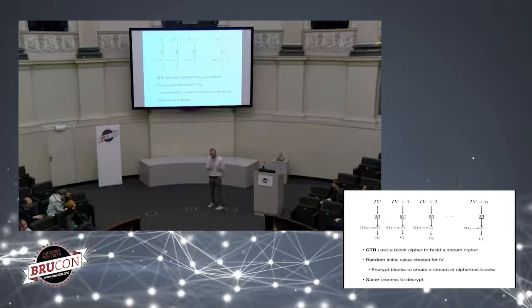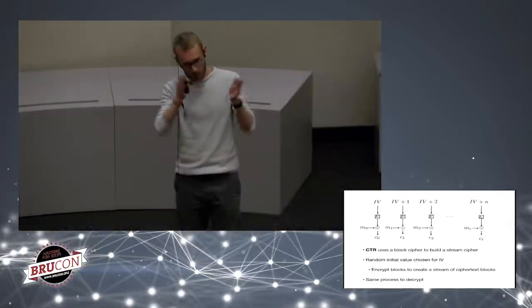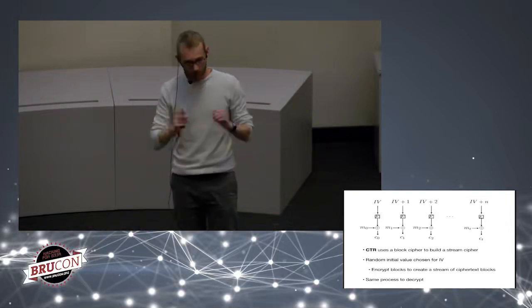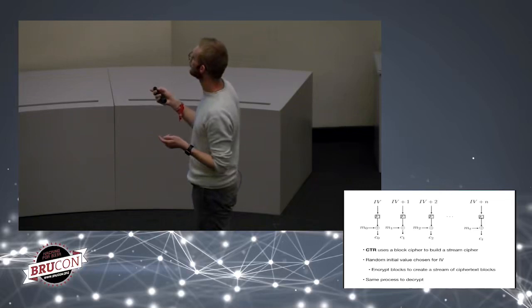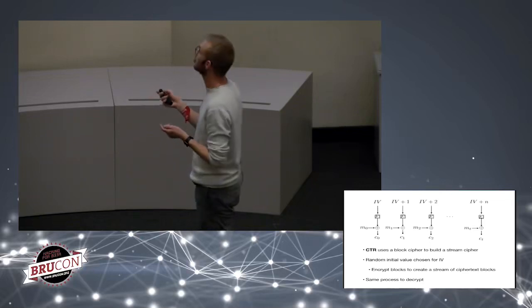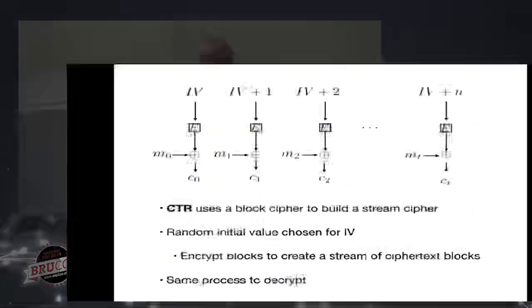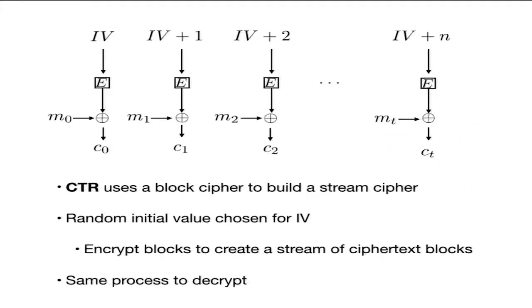If you have a long message, you can split it up into different blocks and encrypt it like this. Again, you have this IV, just a counter, if you will, which will be encrypted and XORed with message M0 to derive our ciphertext C0. For the next block, typically if you're using AES, that's 16 bytes.